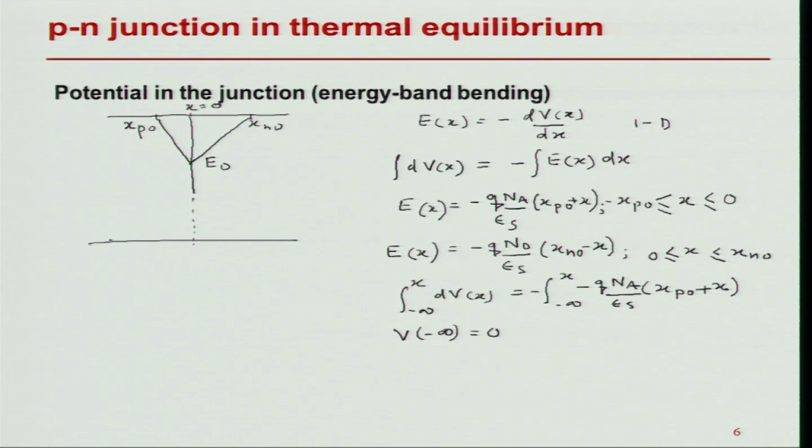So, what I am saying here is that the potential up to here is 0, because there is no field up to the point x p 0, the potential remains 0 till this point, and beyond this point the expression becomes v of x is equal to, which is a parabolic equation, and says that I have potential changing in this manner from x p 0 to x is equal to 0.